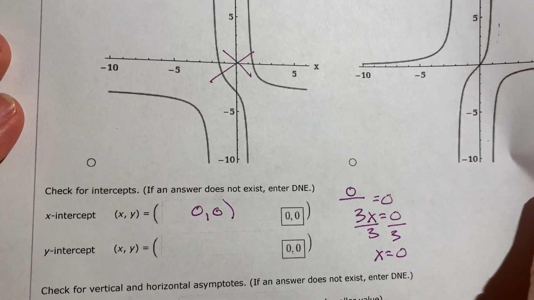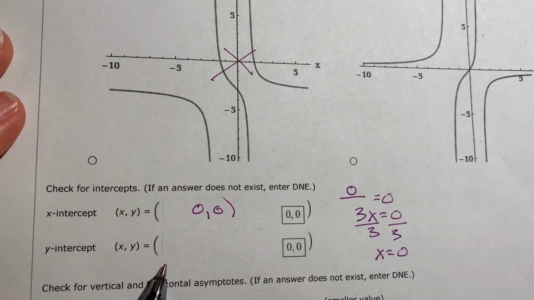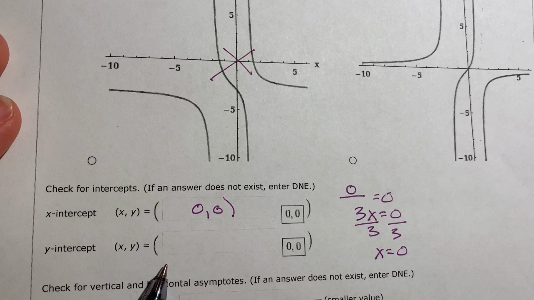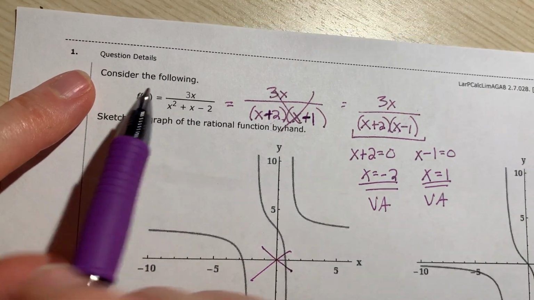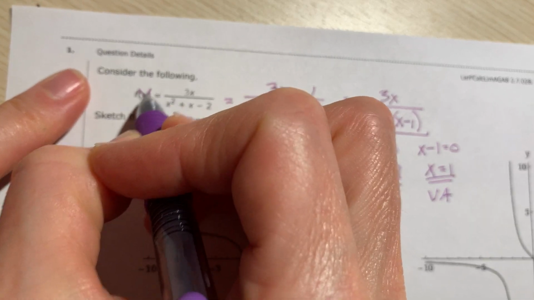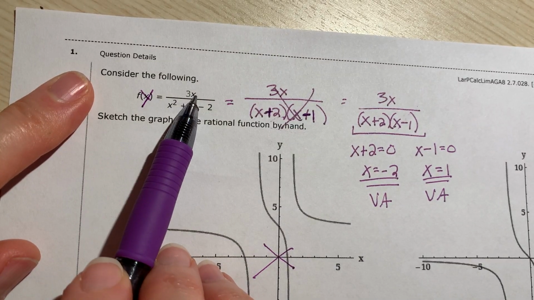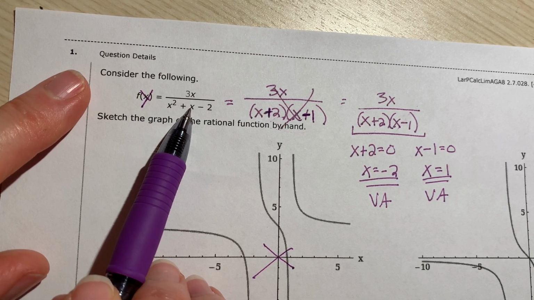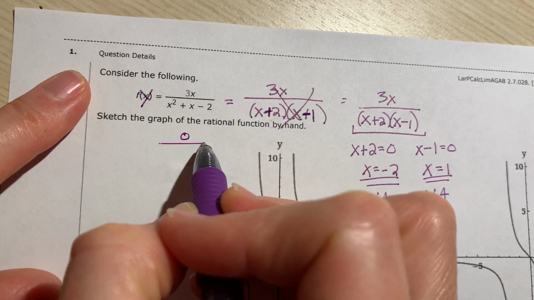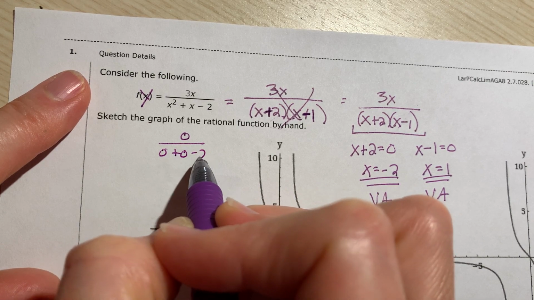So let's find the next thing, the y-intercept. So for the y-intercept, that means x is 0. So again, I'm solving for y. Remember, f of x can be written for y when x is 0. Well, if I put a 0 in here and a 0 in here and a 0 in here, I'm going to have 0 over 0 squared plus 0 minus 2.